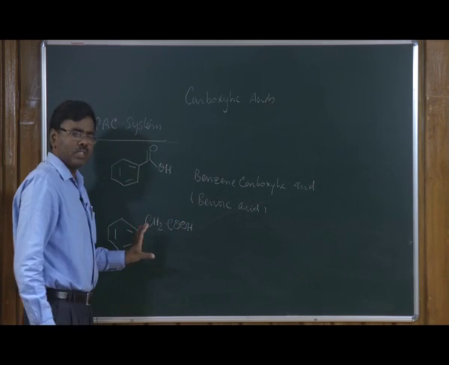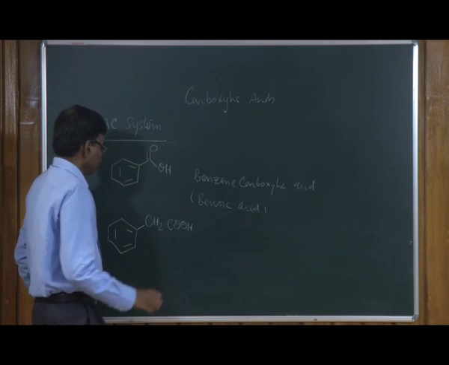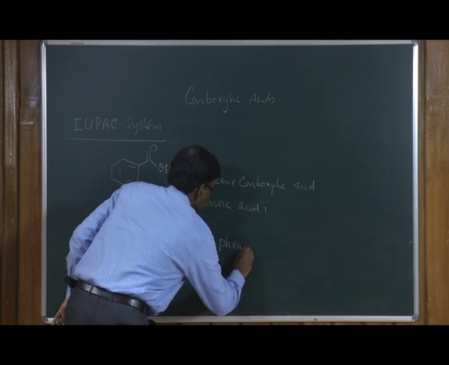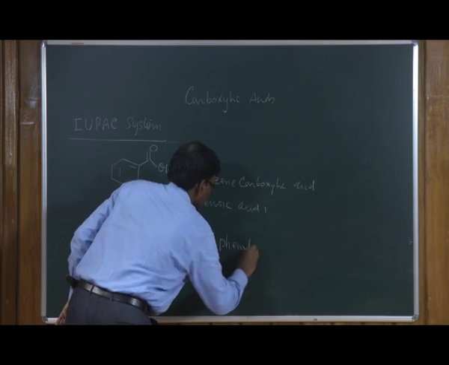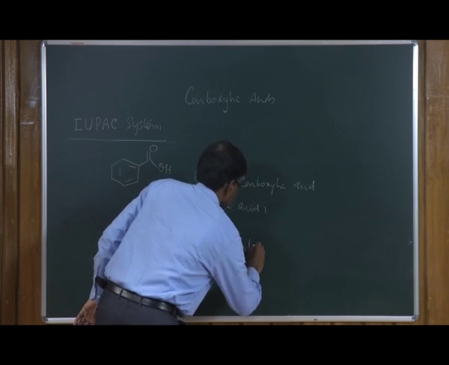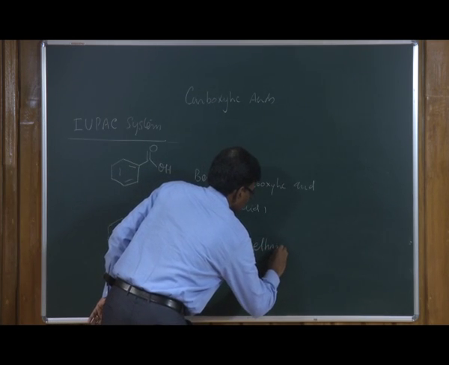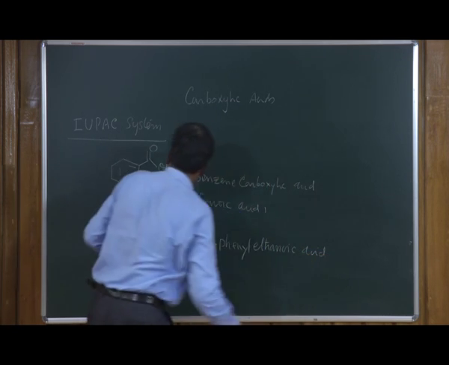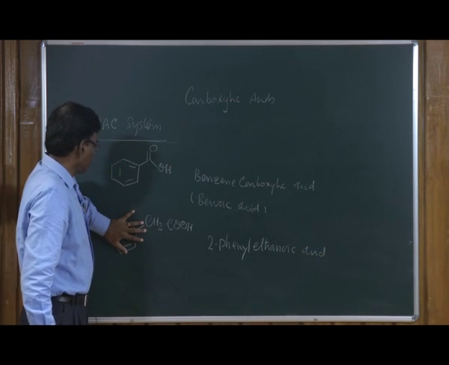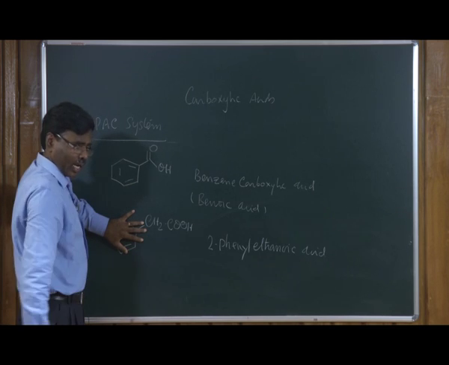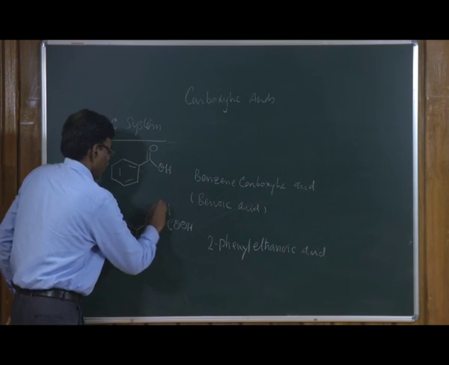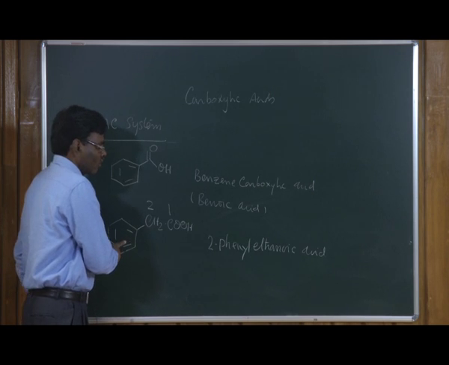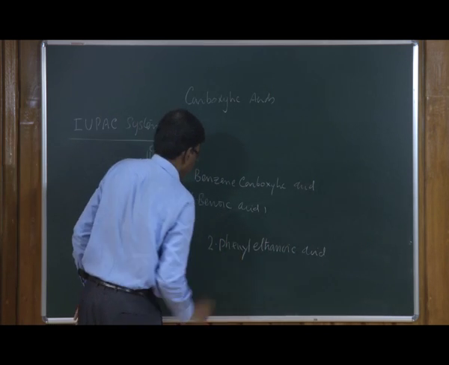The IUPAC name of this carboxylic acid is 2-phenylethanoic acid. Just we have seen, if you have CH3 ethanoic acid, and the second carbon is now substituted with a phenyl group, therefore 2-phenylethanoic acid.